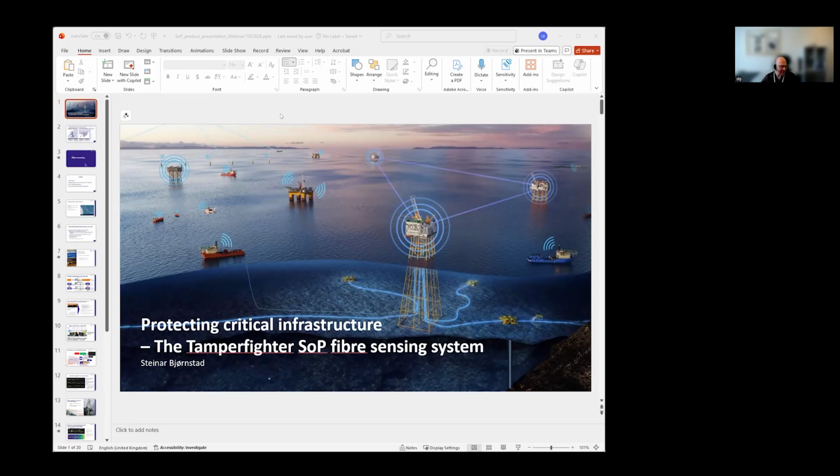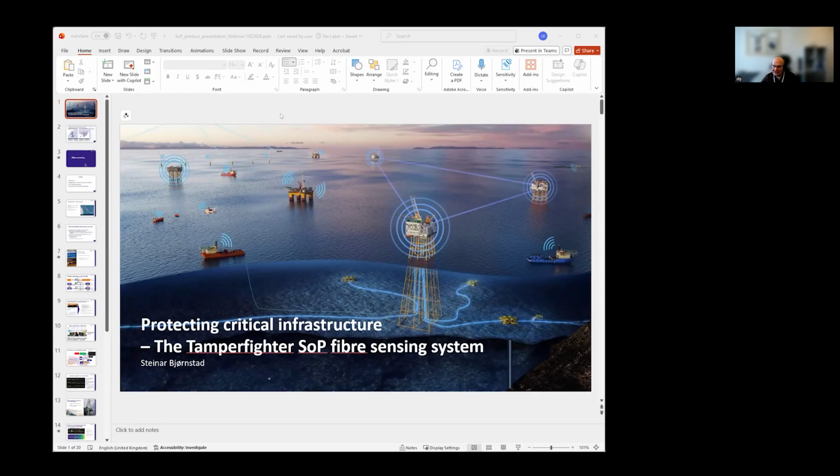And we have actually a mobile coverage offshore. But these fiber cables, they are also used for communication to the oil and gas platforms, and that makes it a critical infrastructure.